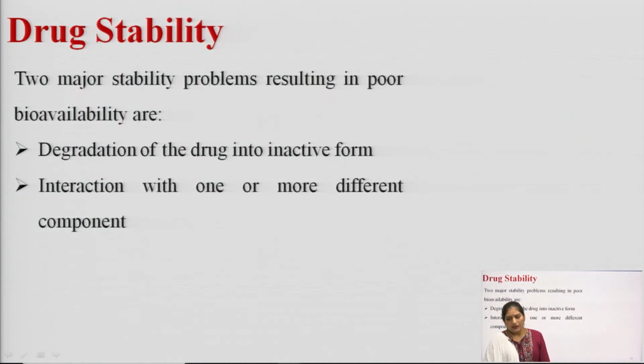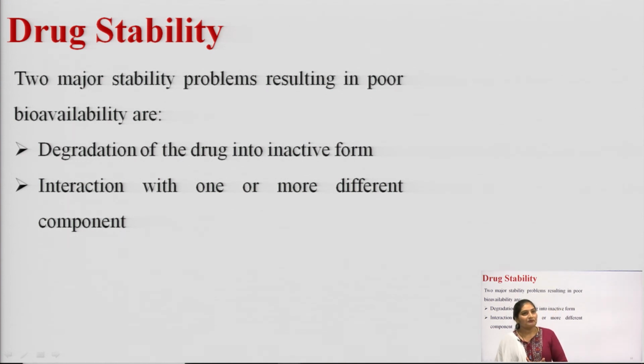Next parameter is the drug stability. Sometimes when a formulation is prepared, that formulation has a degradation problem. There are two major stability related problems that can result in poor bioavailability.